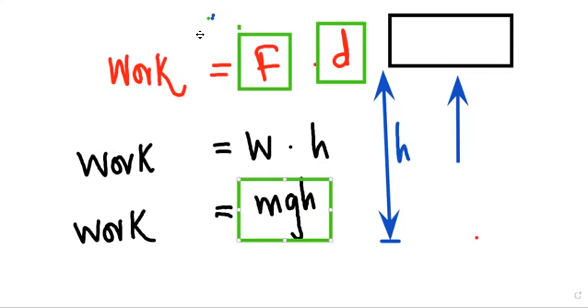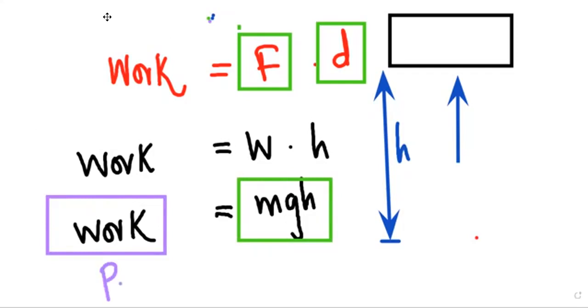That is called gravitational potential energy. So this work, which is done on an object to move it from the earth's surface, is actually going to be stored in an object in the form of potential energy. So this work would become potential energy.